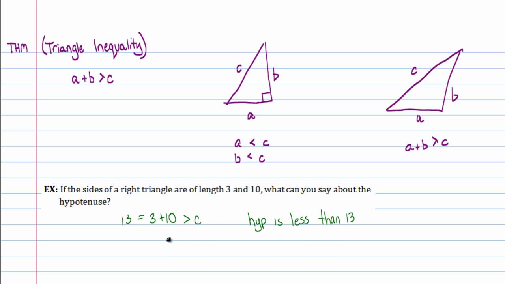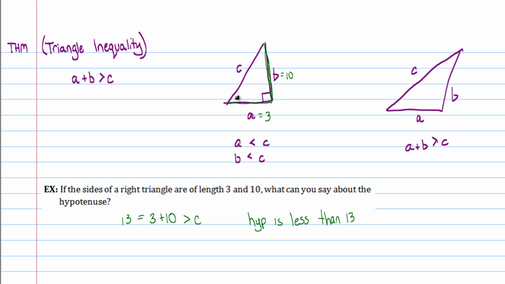But there are other things I can mention. If this is our picture right here, and this is of length 3, the hypotenuse, being the side opposite the largest angle, has to be bigger than that. Same thing here. If this side is length 10, and this was 3, I know that this side is opposite an angle smaller than 90 degrees.